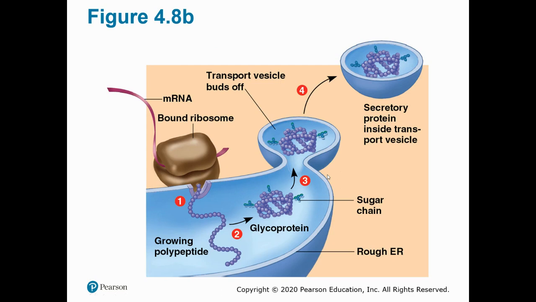And here is an example of how this transport works. So you have a ribosome, and a growing polypeptide that gets turned into a complete glycoprotein. A transport vesicle pinches off, and then there are signal proteins on the outside of the vesicle that tell you where this vesicle needs to go, and then it gets transported to wherever it needs to go.